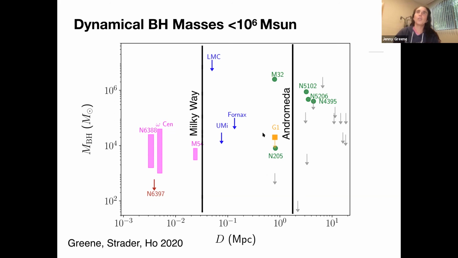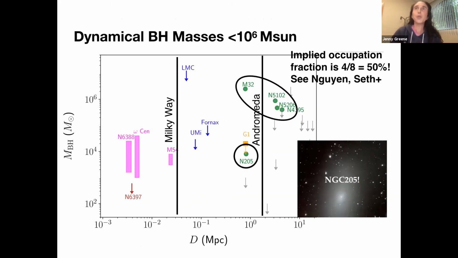And just very, very crudely, the fraction within 5 megaparsecs is 4 detections out of 8 attempts. So roughly speaking, 50% of galaxies in this massive dwarf range host black holes of 10^4 to 10^5 solar masses. I guess we could have inferred that from M33 and 4395.